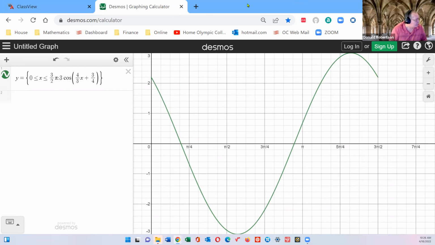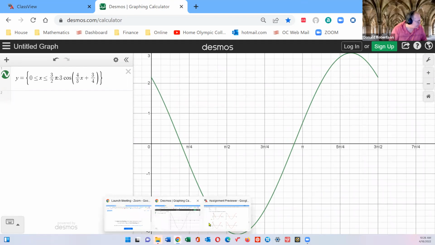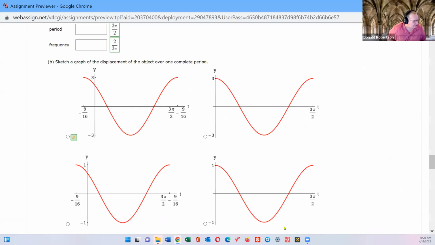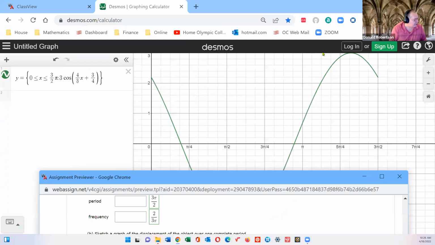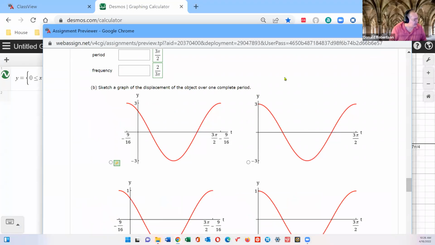Now, if I go and show you the question, can you see that 2 of the pictures go from 0 to 3/2 pi? Are you seeing what I'm saying? You're saying 4, right? Now, that guy kind of starts low and then comes up high. None of those two work.